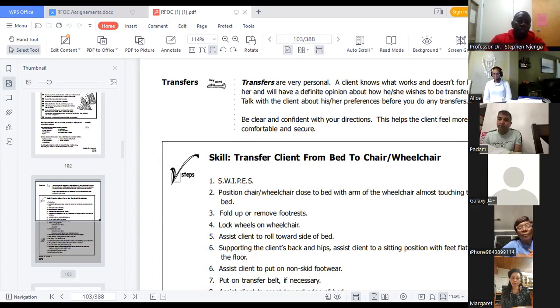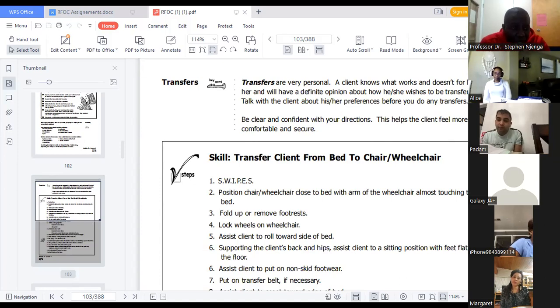Number 3, make sure you fold up and remove the foot rests. Because if this client is going to stand up, or you're going to help him to stand, why would he stand close to the wheelchair if the foot rests are not folded? Lock the wheels.